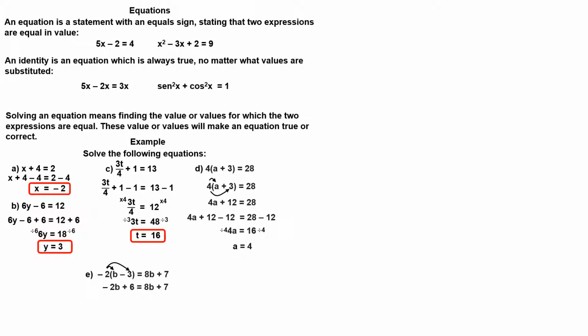The easiest way to do this is usually by moving the unknown with the smallest coefficient in the equation. Decide which of the unknowns has the smaller number in front of it. Minus 2 is less than 8.